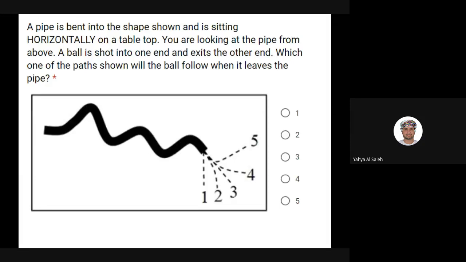A pipe is bent into the shape shown and is sitting horizontally on a tabletop. You are looking at the pipe from above. A ball is shot into one end and exits the other end. Which one of the paths shown will the ball follow when it leaves the pipe?